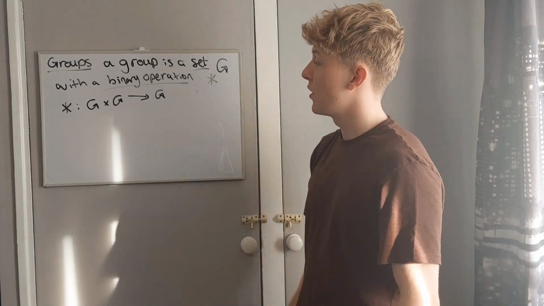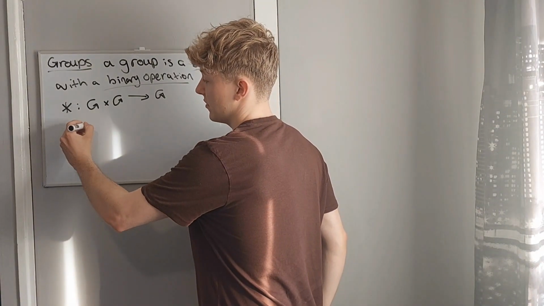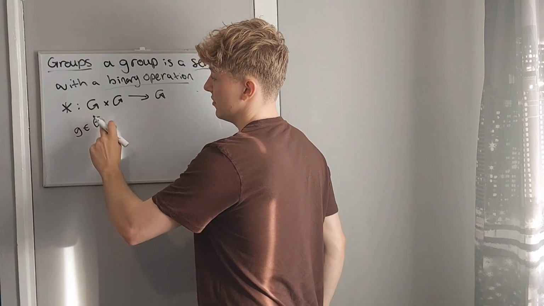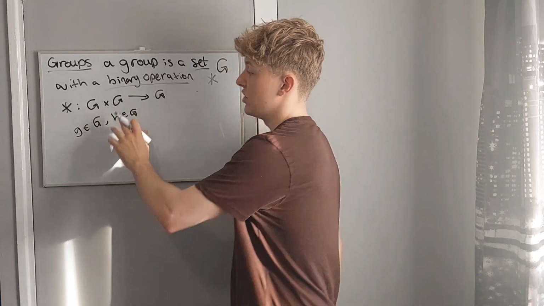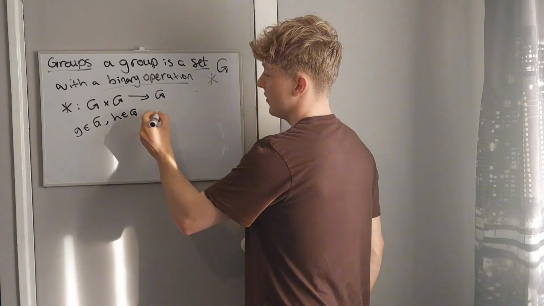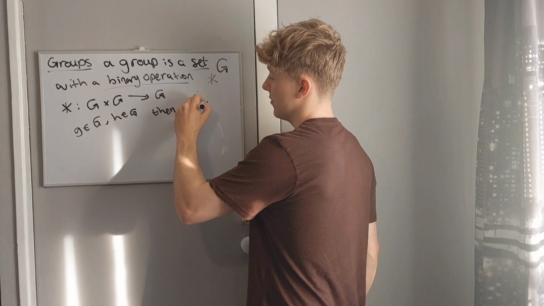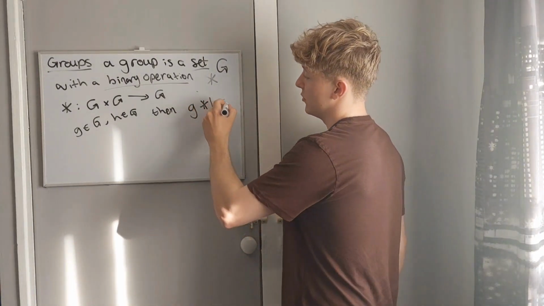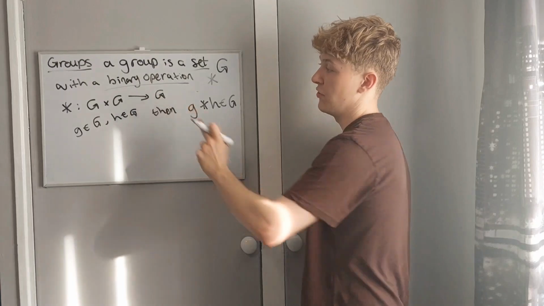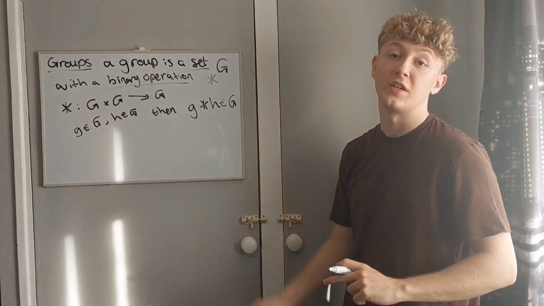But what we might think of this as is if I take a g in big G, the left one, and an h in G, the right one, then we can combine g and h, and it will still be in big G, where this is sort of a new element of G.